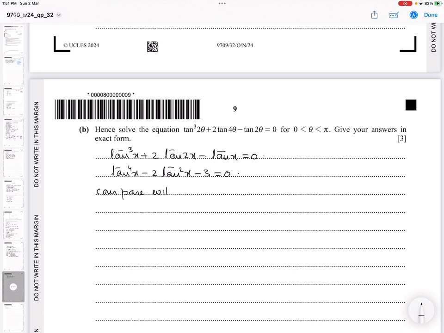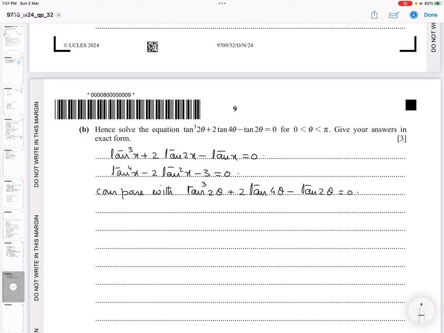Compare with tan cube 2 theta plus 2 tan 4 theta minus tan 2 theta equals 0.